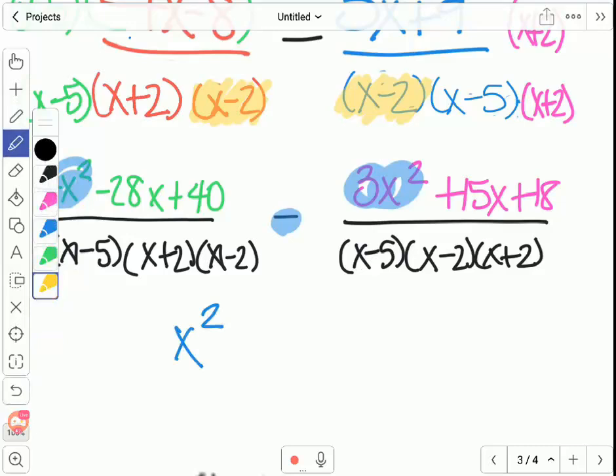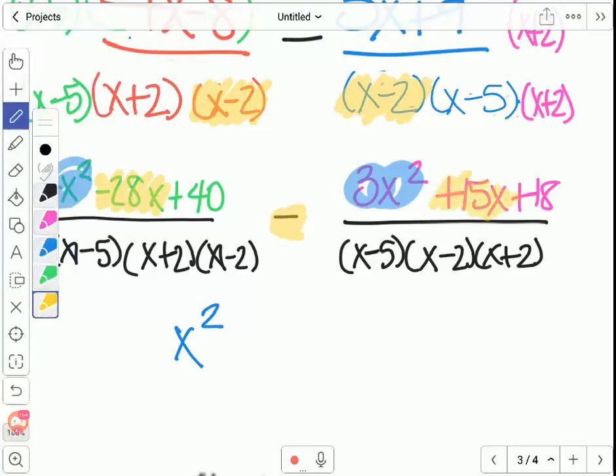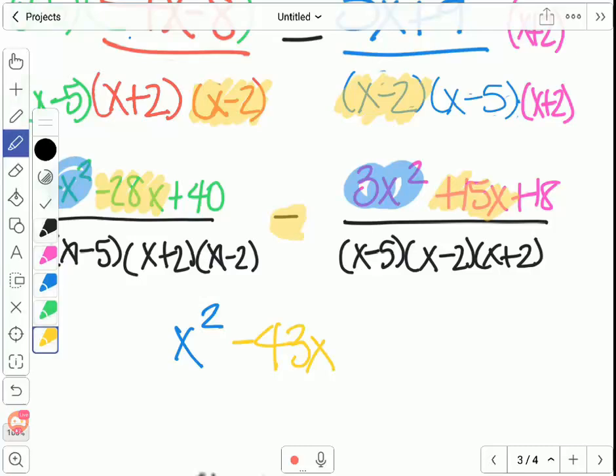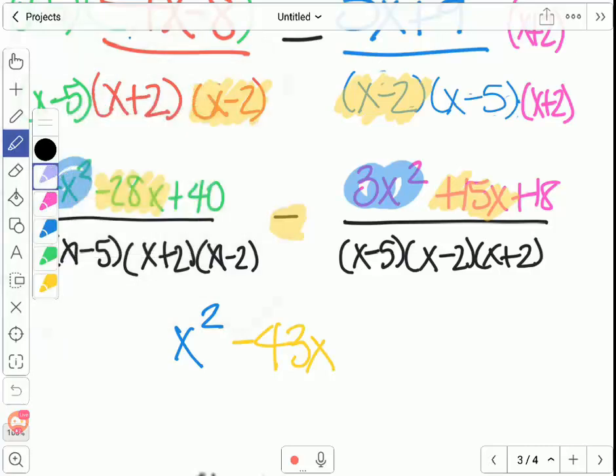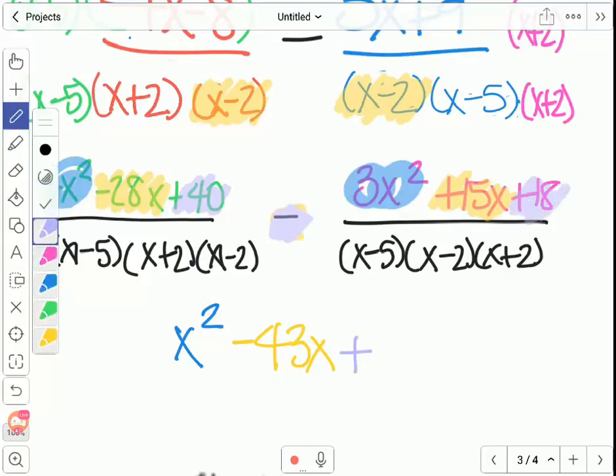Then we have negative 28x minus 15x, so that's going to give negative 43x. And then last we have 40 minus 18, and that's going to give us 22.